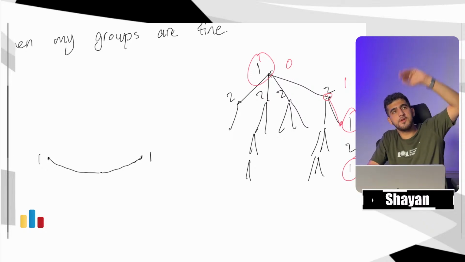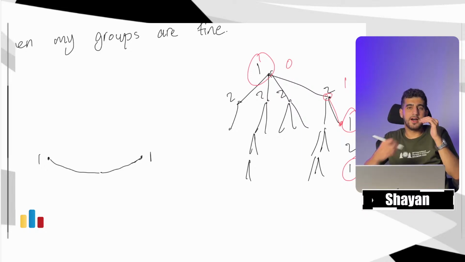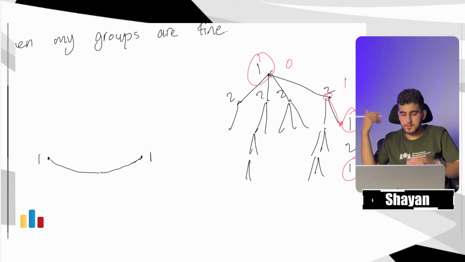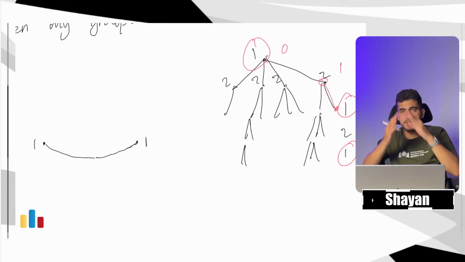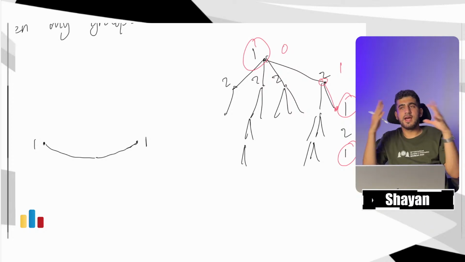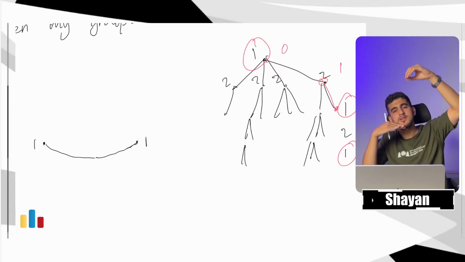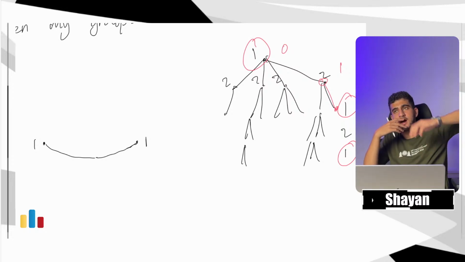So vertices that have color 1 are at even heights in the tree that DFS will give me. If you just consider the edges that DFS has, this will give me a tree. And in this tree, all the vertices with color 1 have even distance from the root, and all the vertices with color 2 have odd distances from the root.